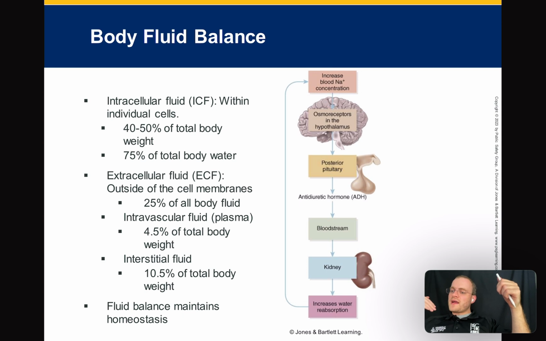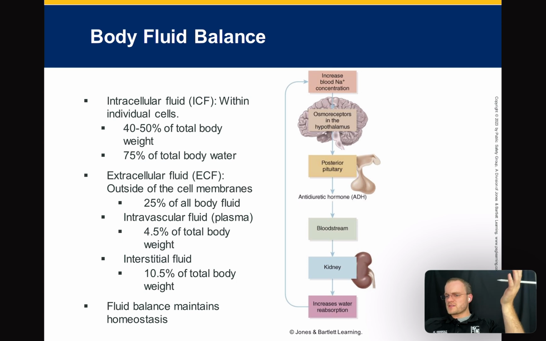So 85 pounds of me is made of water that sits inside my cells. About half of my weight is water that is sitting inside my cells. And that makes up 75% of your total body water.